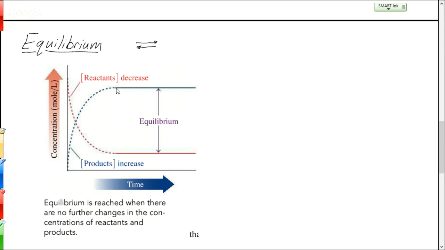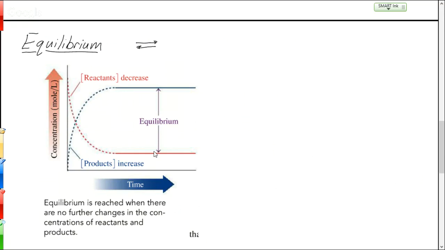At some point, the products stop increasing and the reactants stop decreasing, and that's what we call equilibrium, the point at which there's no more change. We can think about it as happening because of the forward and reverse reaction, and a certain amount of it is going forward, a certain amount of it is going backwards, and when the rates are equal, then you have this kind of situation.